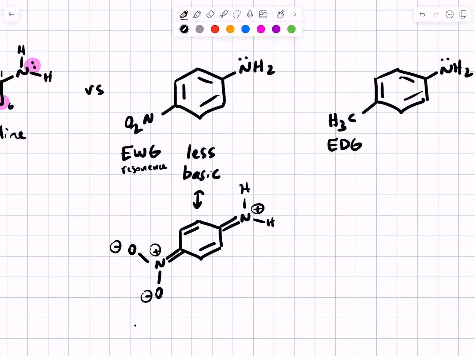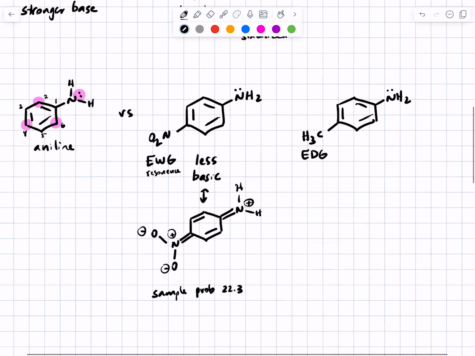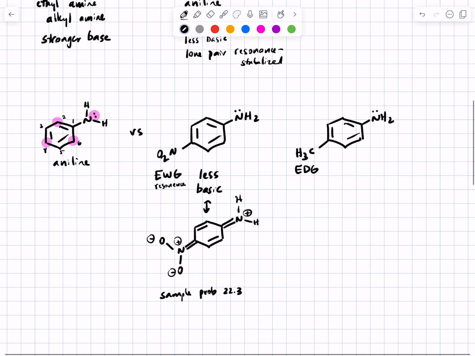You can find this in your text in sample problem 22.3 if you're a little bit confused, and they'll give you a little bit more detail on how to get that resonance structure. By the same token then, you would expect an electron donating group to make the benzene ring more electron rich, and that would decrease the extent to which the aniline lone pair is able to donate in the ring.